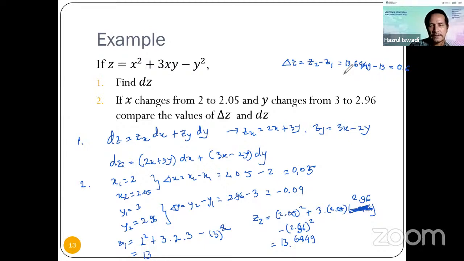I will change the color. So we have 0.6449.